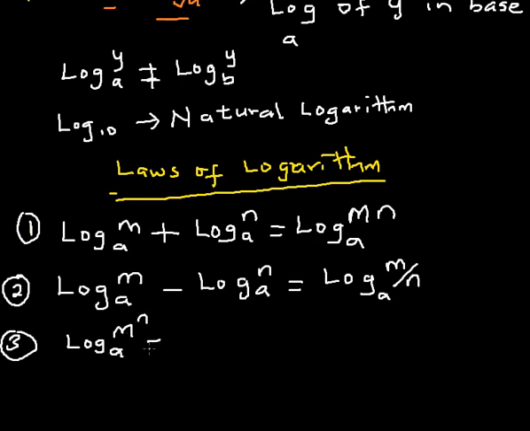Now the law of logarithm actually states that the power of the index will always go at the back of the log. So it's going to be equal to n log m in base a.